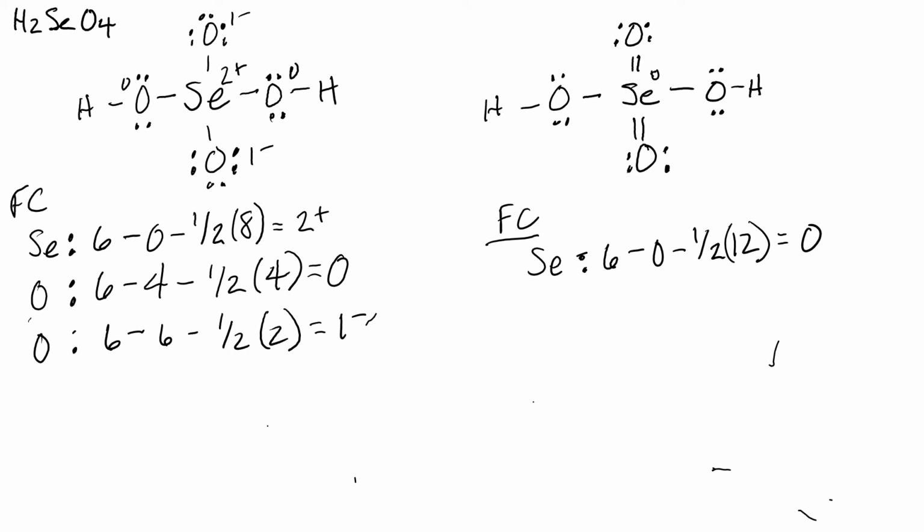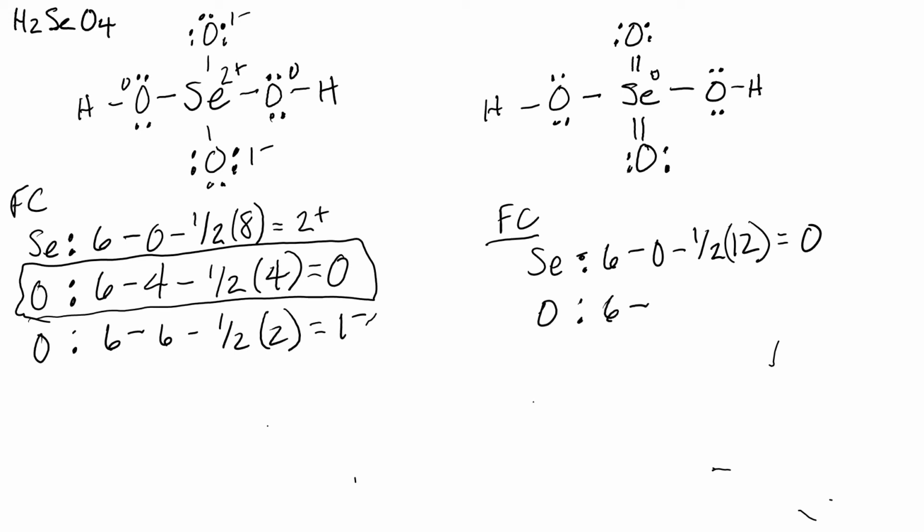And if we go back and look at this bonding pattern for oxygen, we see that that also has a formal charge of 0. So all of these have 0 formal charge.